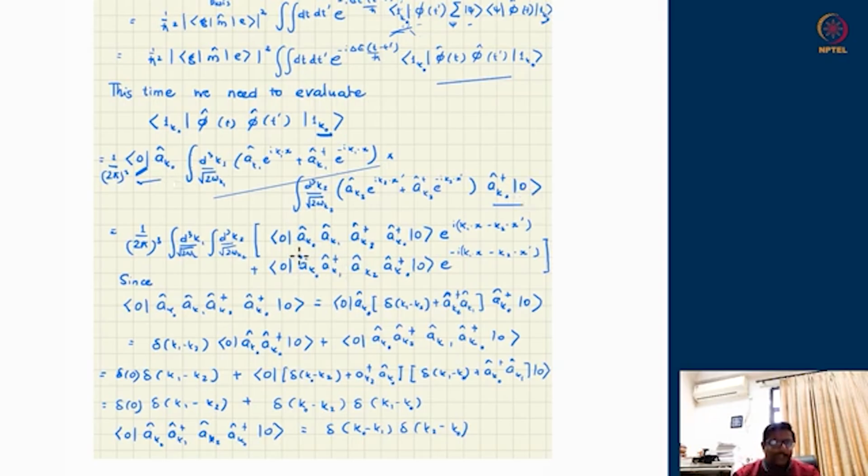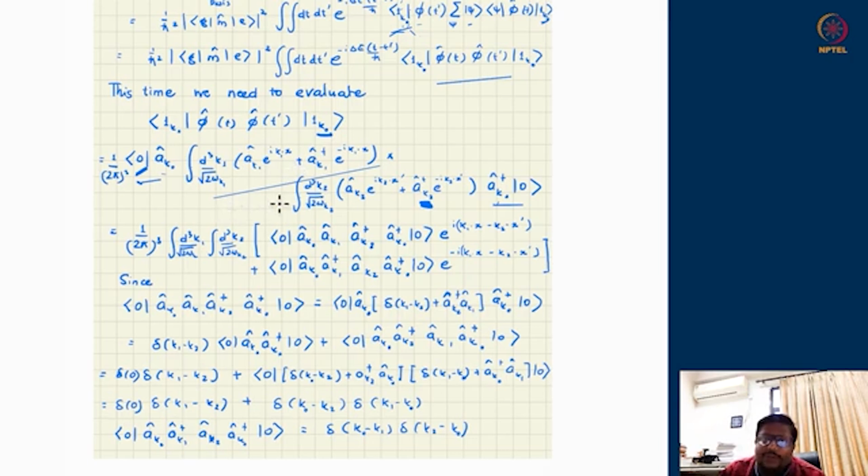So let us start collecting the operators which will survive. I have an a_k0 dagger here, and similarly on the left hand side I have an a_k0 operator hitting on the bra 0, and then I have the operators a_k1, a_k2, a_k1 dagger here.